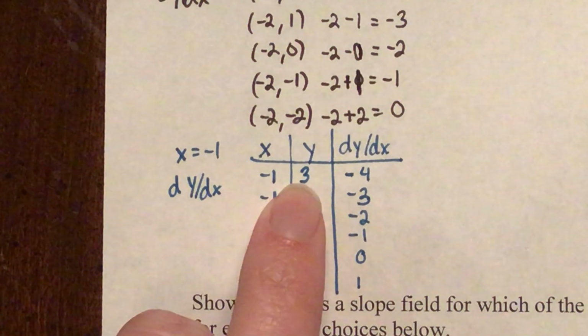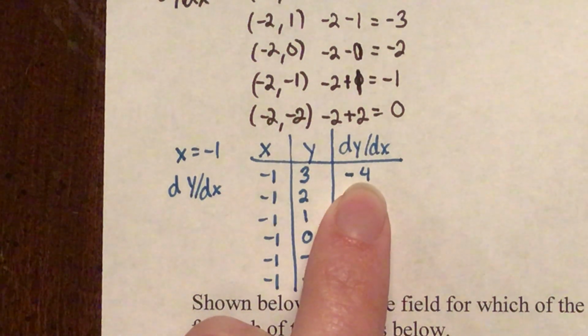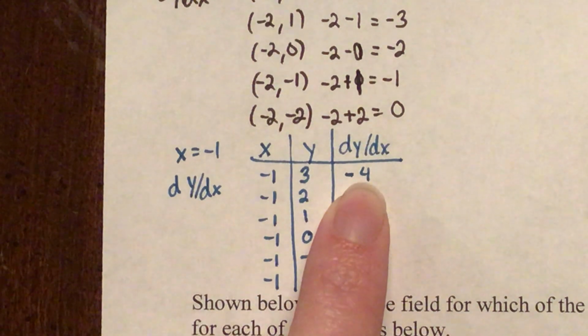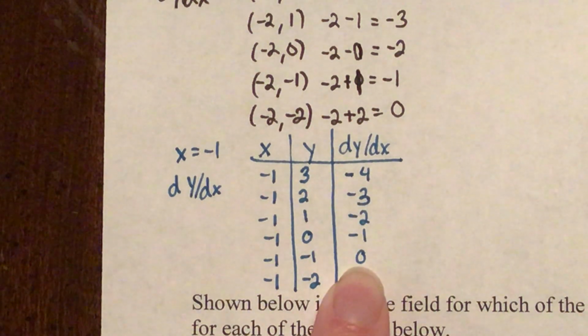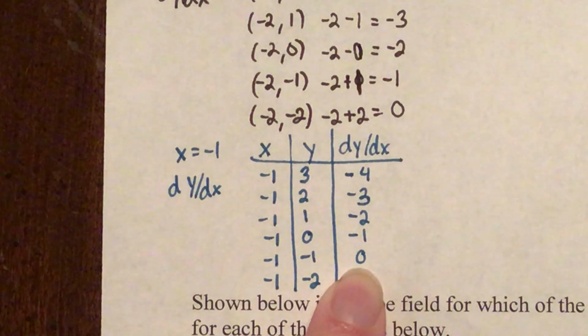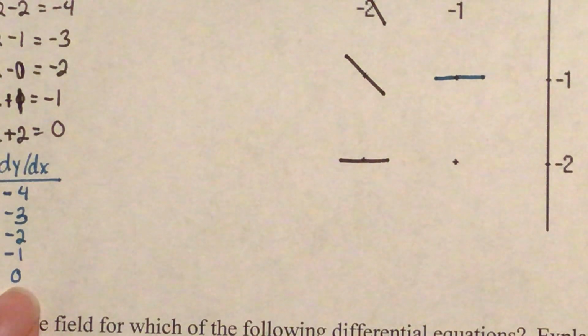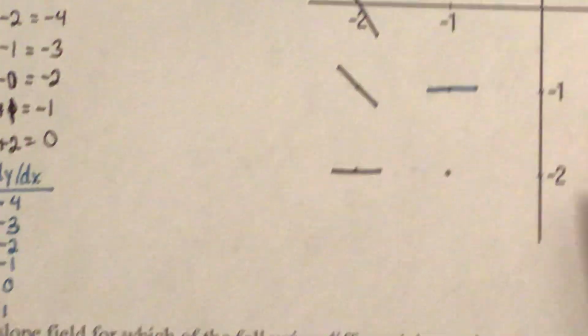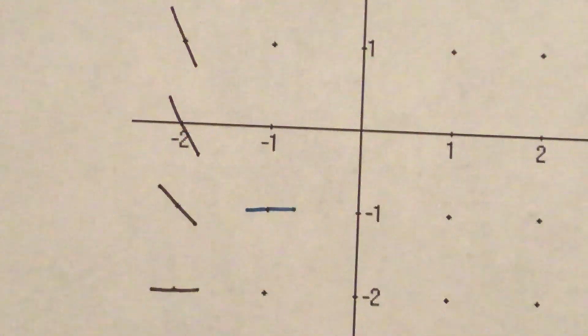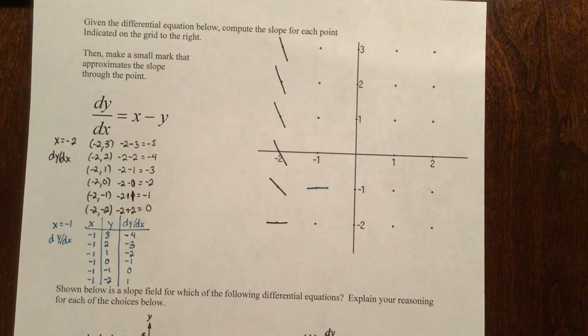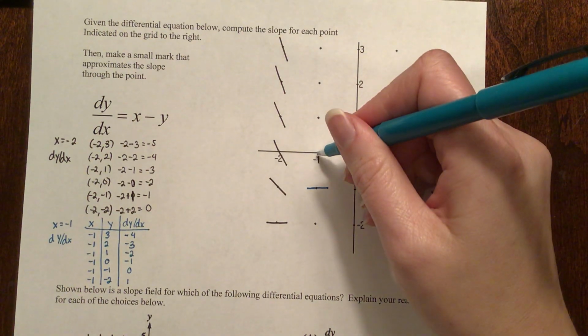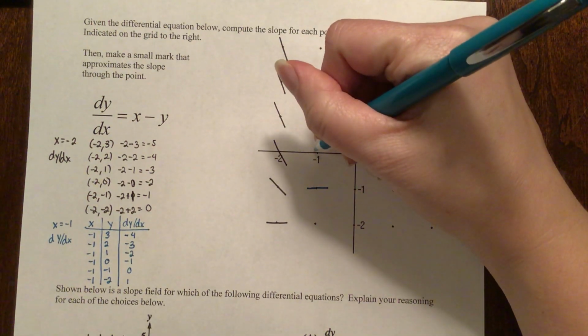So those are our slopes. At negative 1, 3, the slope that we're going to draw is negative 4. Let's see if we can find a 0 because then we can work from that. Negative 1 gets us 0. That is here. Okay, at negative 1, 0, the slope was negative 1.